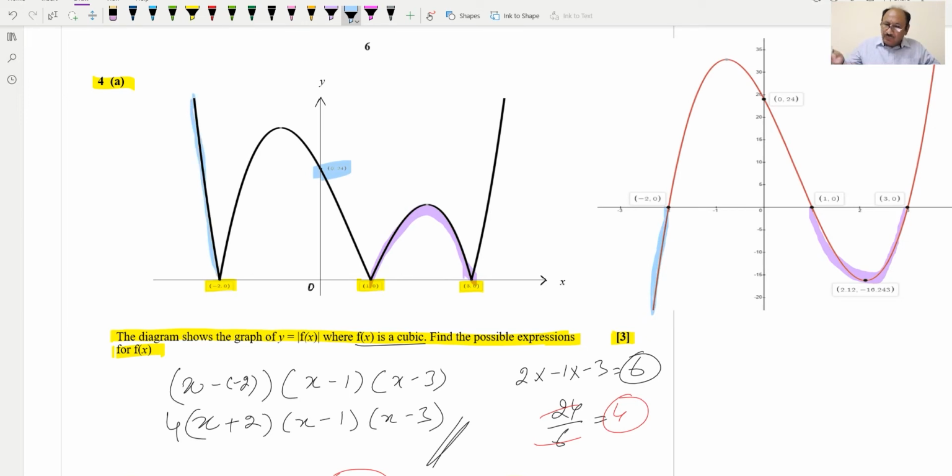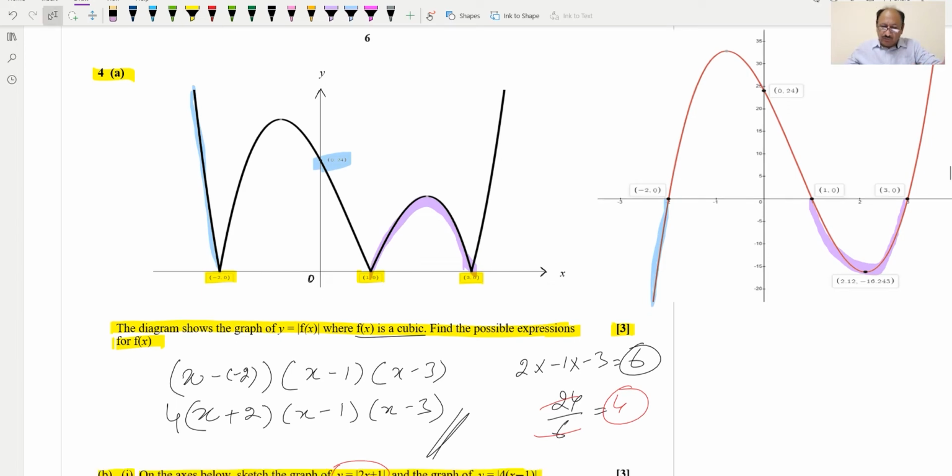So two negative portions are shifted to the positive side. This is the modulus of the graph.